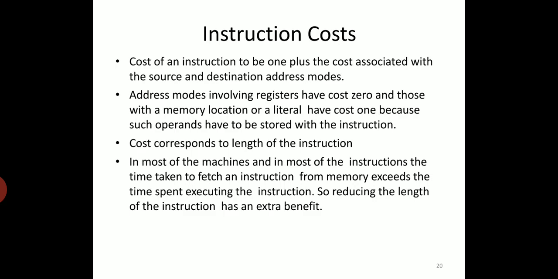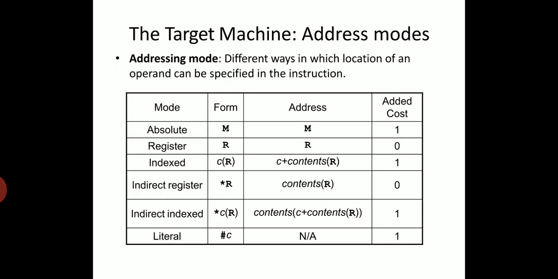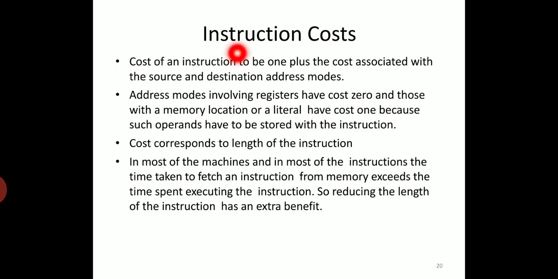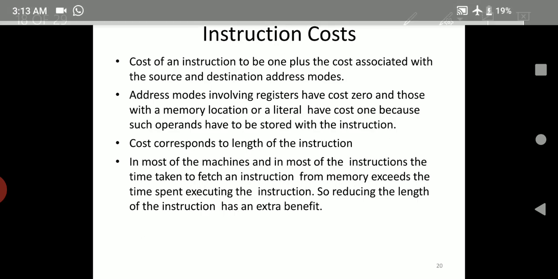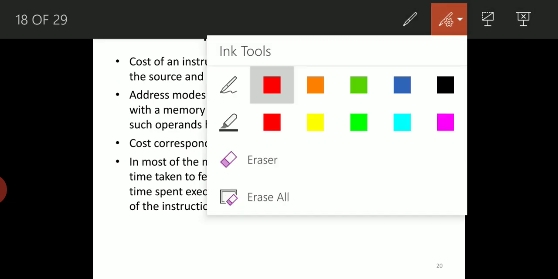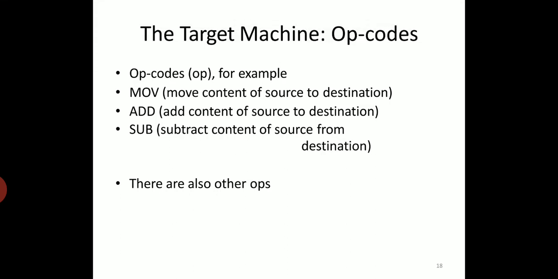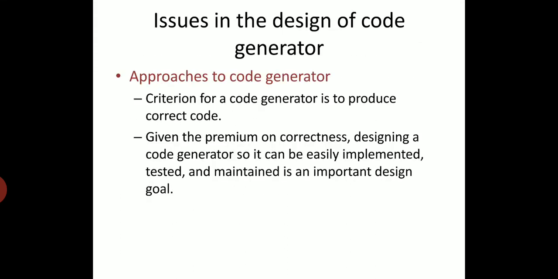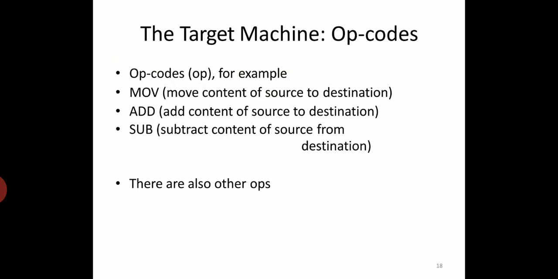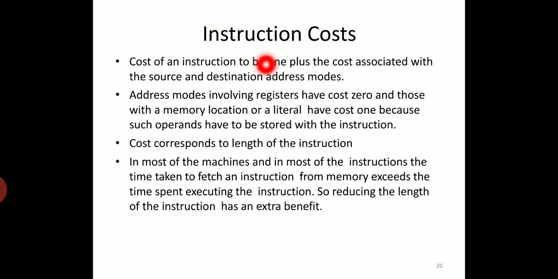Another topic coming under the target machine is instruction cost. This is an important topic. The instruction cost is defined as the cost of computing the instruction. We know that the cost of an instruction is 1 plus the cost associated with the source and destination address modes.